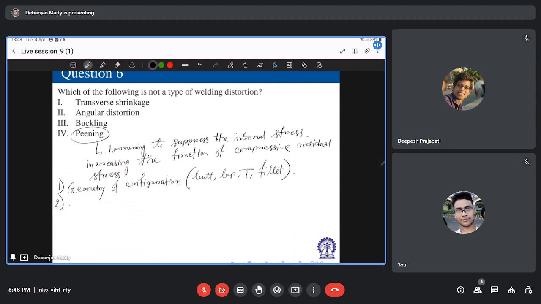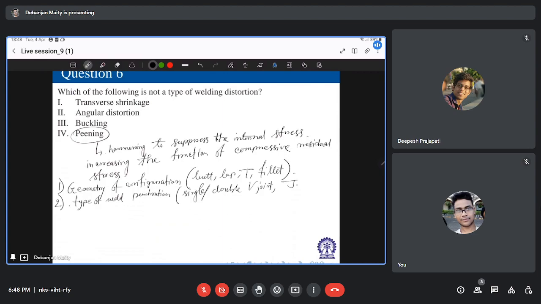That can depend upon your type of weld penetration. So in terms of weld penetration, there can be single or double V joint.